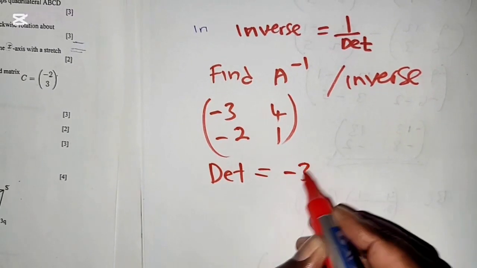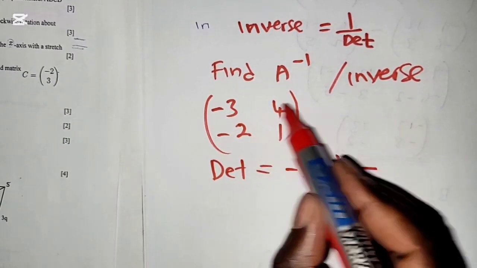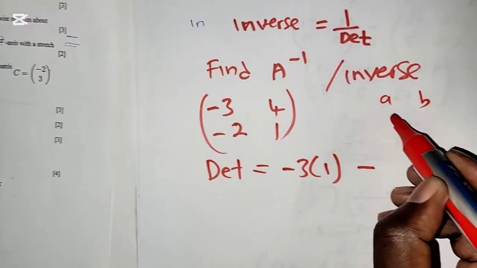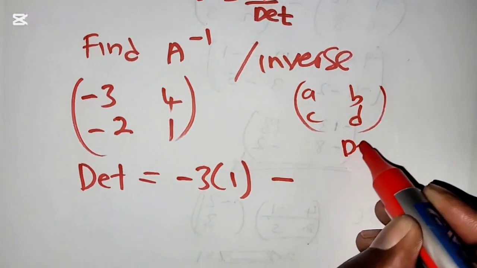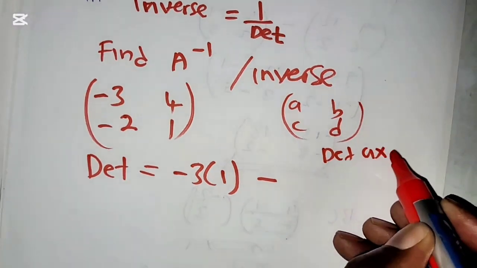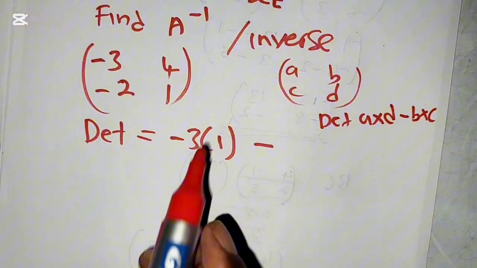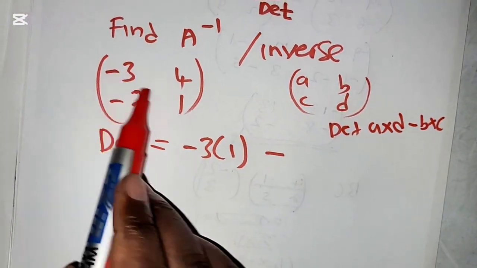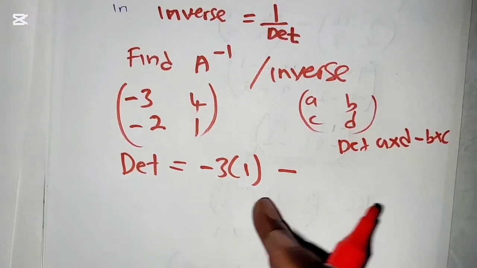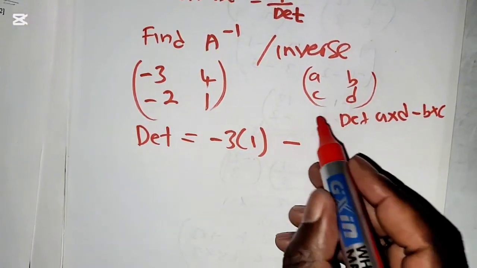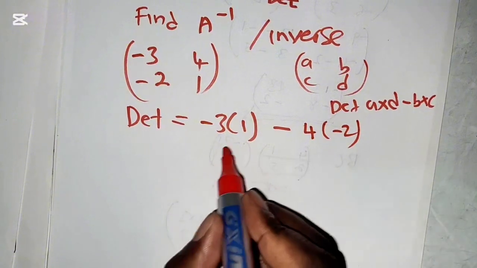The determinant is equal to -3 multiplied by 1 minus. For a matrix A, B, C, D, the determinant is A times D minus B times C. So -3 times 1 minus 4 multiplied by -2.